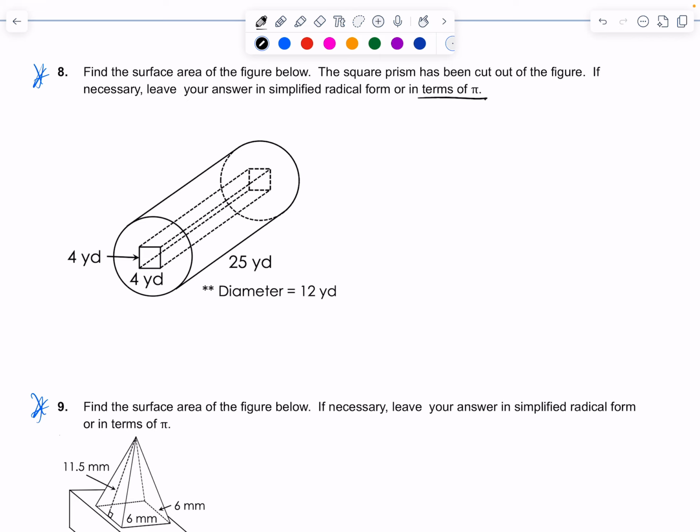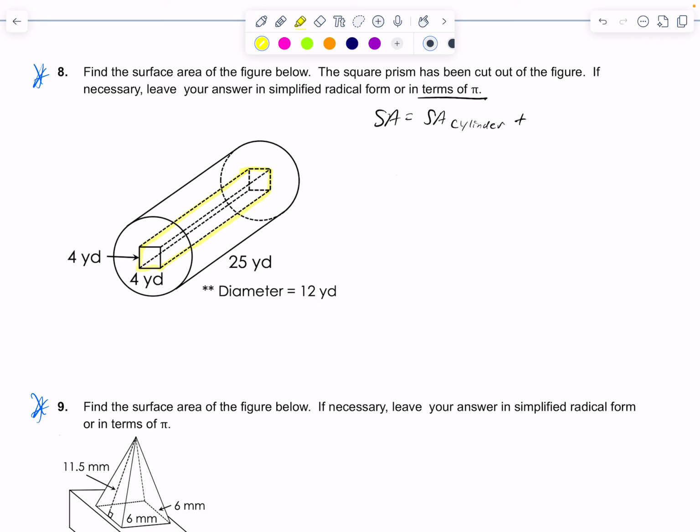So basically, when I look at the cylinder, they've cut out this prism. So to find the surface area of this figure, I need to find the surface area for the cylinder. All right. Then I'm going to add, right, I'll try to highlight it for you. If you look here, we've got these spots here for this prism, right?